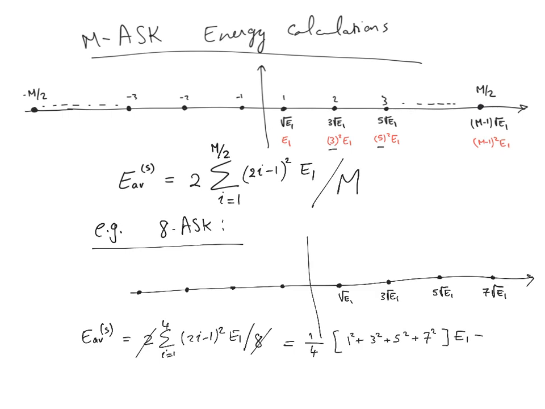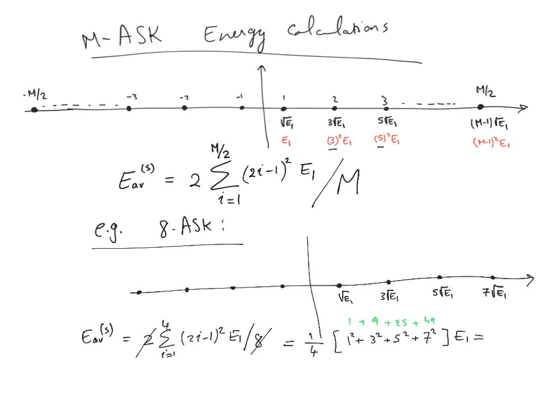And this is going to be equal to, so this is 9, this is 25, this is 49, and this is 1, right? Okay, so that's 50, 70, 75, 84.